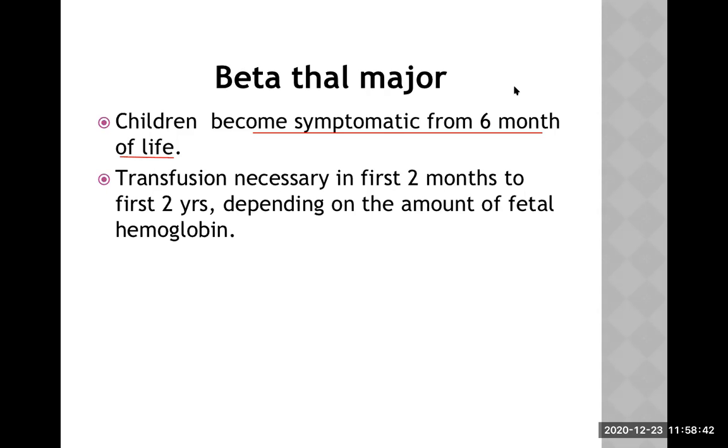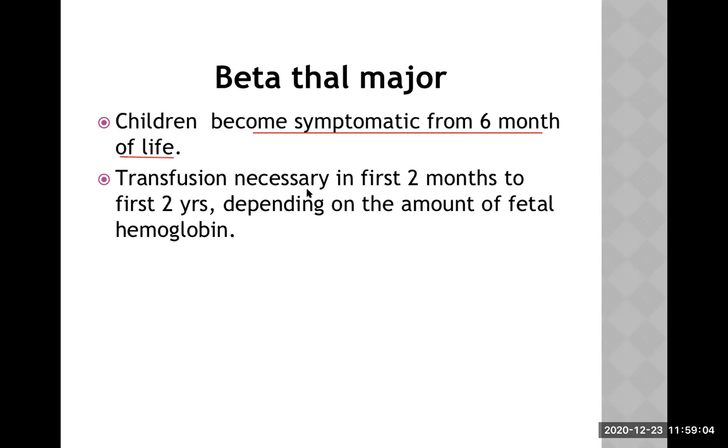Hemoglobin F is still there till 6 months of life. After that, it drastically decreases, and hemoglobin F will not allow the symptoms to appear before 6 months of life. Only after that, hemoglobin F disappears, and hemoglobin A is the only remaining hemoglobin, which is not formed here. Then the child becomes symptomatic.